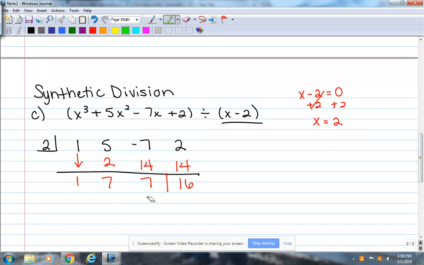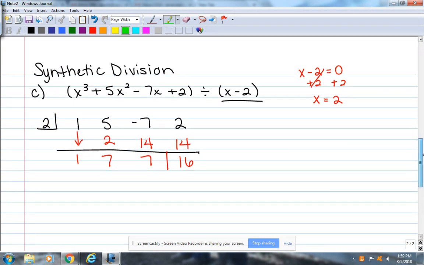So now look at your bottom row. The highest degree we started with was the third power. So this makes a polynomial of the next degree down, which is going to be squared. So this is x squared plus 7x plus 7. That's a 1x squared.